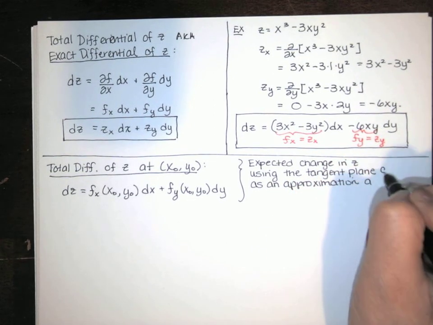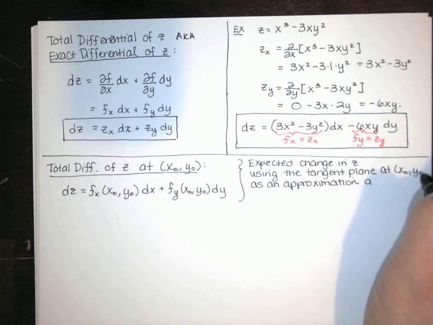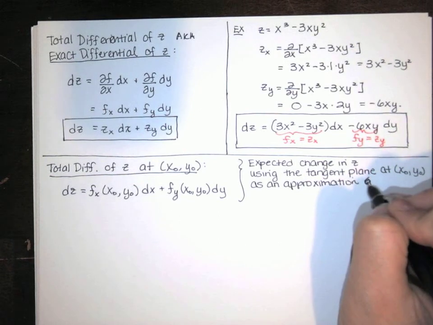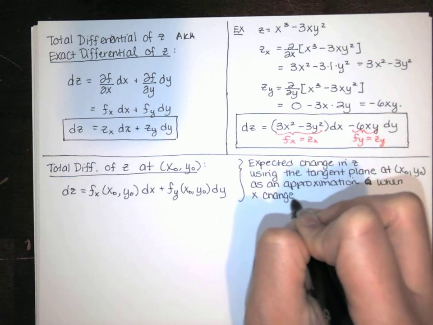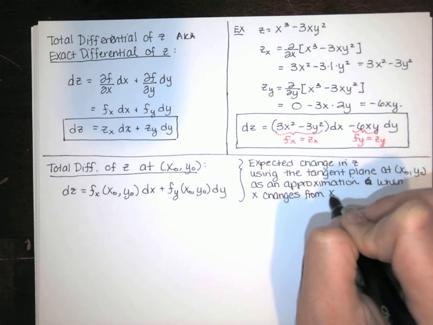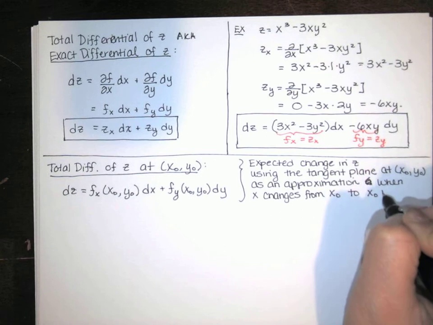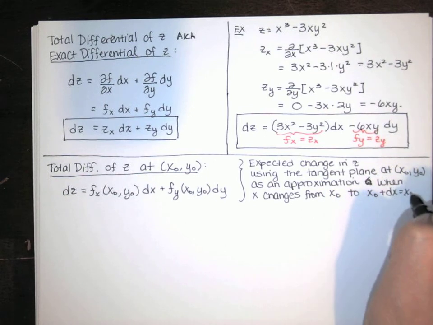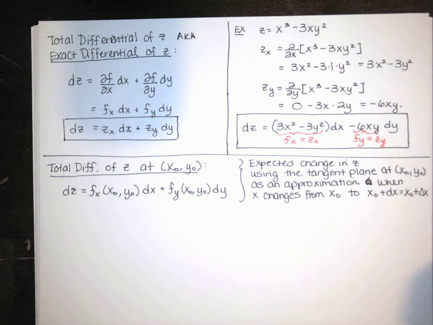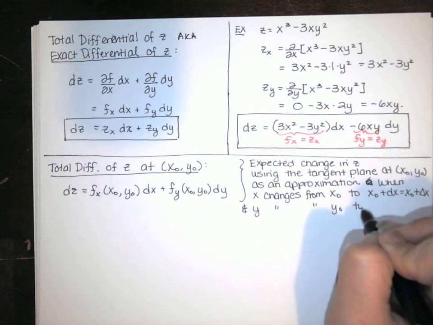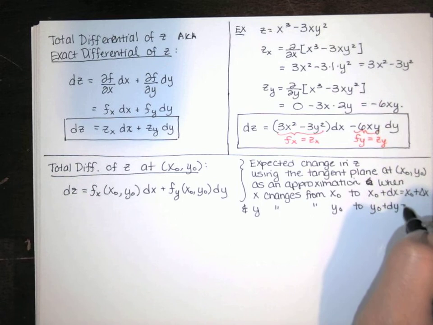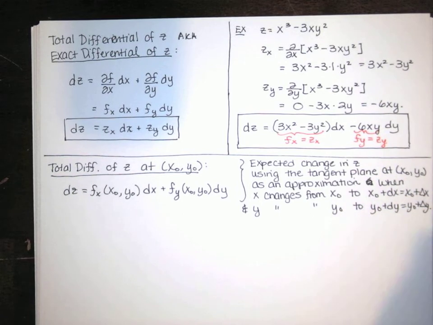I guess we're using the tangent plane at a particular point, at x naught, y naught, when x changes from x naught to x naught plus dx, or x naught plus delta x, because we're using those interchangeably. And y changes from y naught to y naught plus dy, or y naught plus delta y. So it's a change in z using the tangent plane approximation at a point.